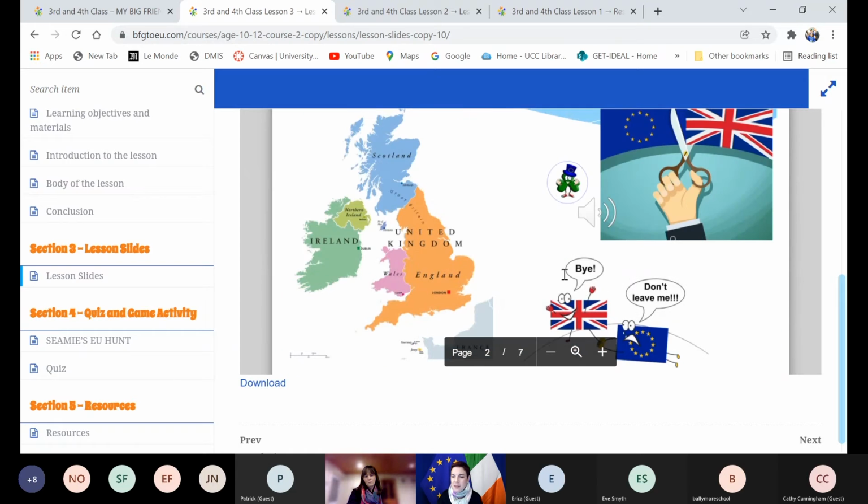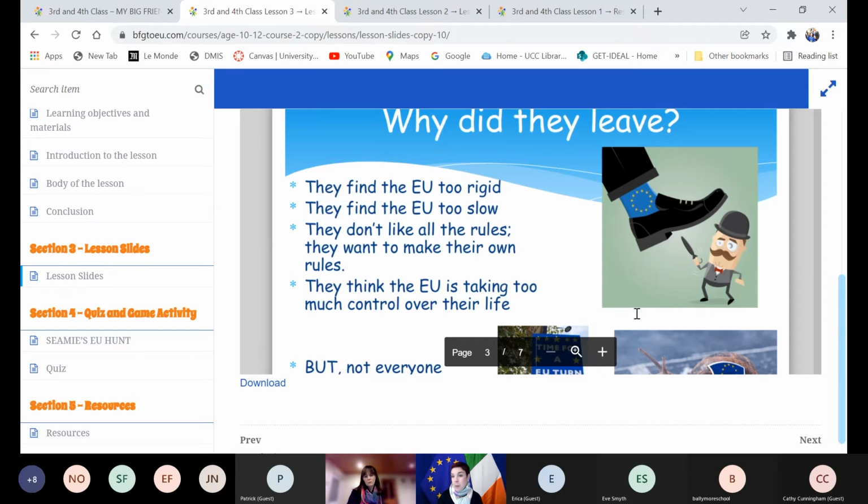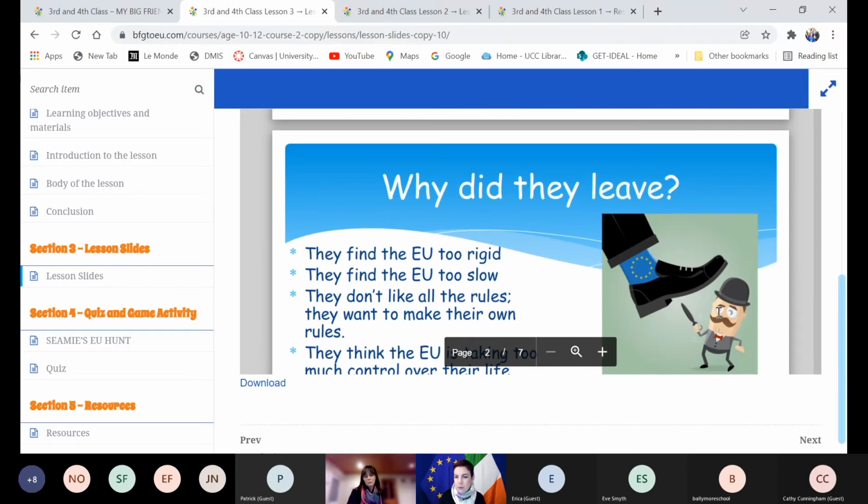And actually, I do insist on the fact that the UK wanted to leave, but this rhetoric that the EU were just happy to get rid of them, except maybe for Ireland, is not accurate. There were many countries that really regretted that decision, but obviously respected the democratic vote.